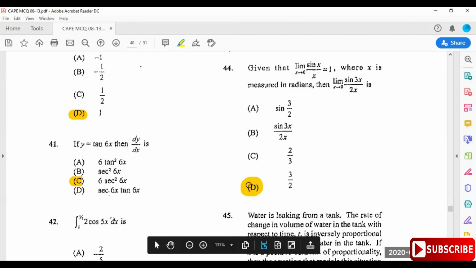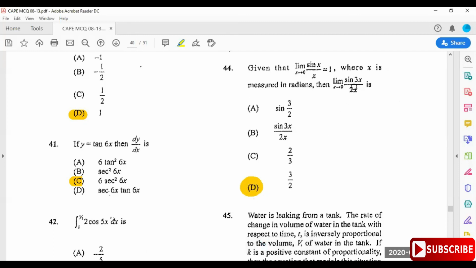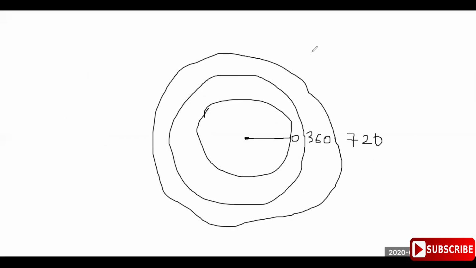So to do this question, the only thing we had to do was notice that we can separate the numerator from the denominator, and then multiply by 3 to get sine 3x over 3x. So what we can do is put a 3 in the numerator and a 3 in the denominator. We want the limit as x goes to 0 of this.